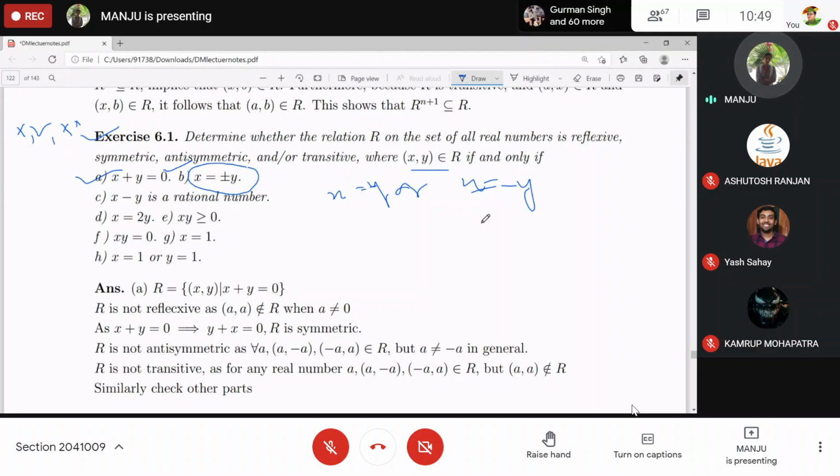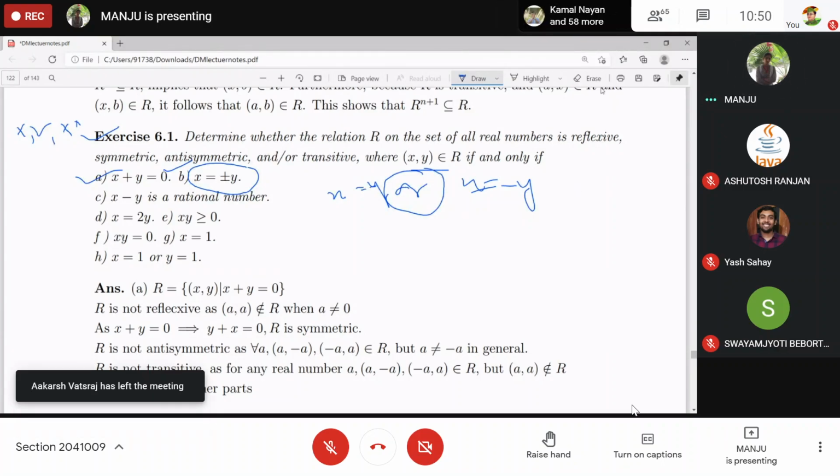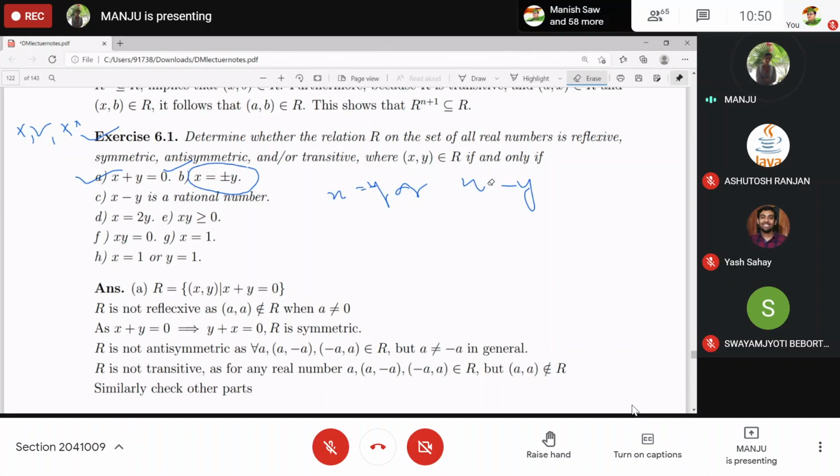Tell me, is it reflexive? Obviously, x is equal to x. That is fine. Reflexive, right? For x is equal to minus x it is not, but both conditions need not be satisfied. This is either or, so one condition needs to be satisfied, not both.